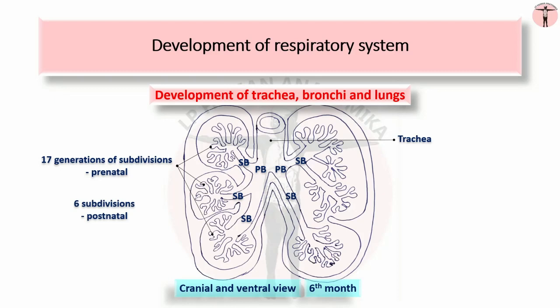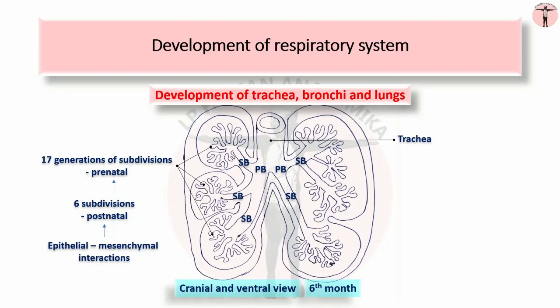These subdivisions are regulated by epithelial mesenchymal interactions between the endoderm of the lung buds and the splanchnic mesoderm that surrounds them. The splanchnic or splanchnopleuric mesoderm gives rise to cartilaginous plates, bronchial smooth muscle and connective tissue, and the pulmonary connective tissue and capillaries.